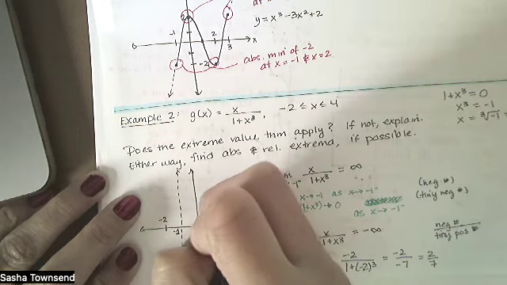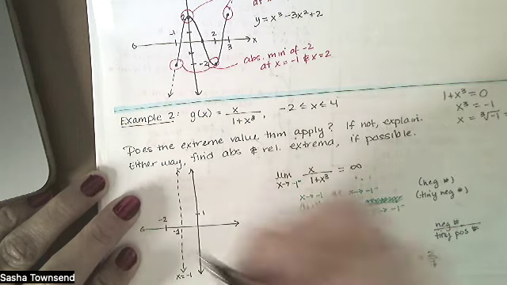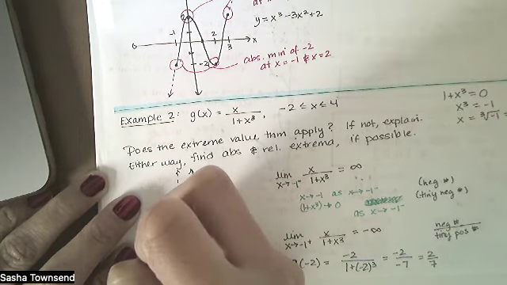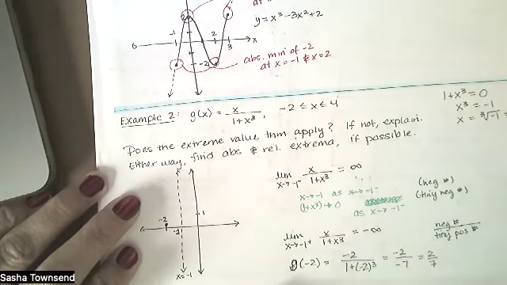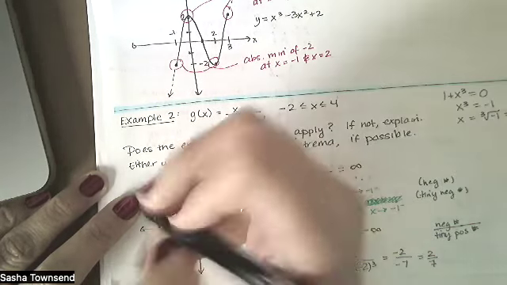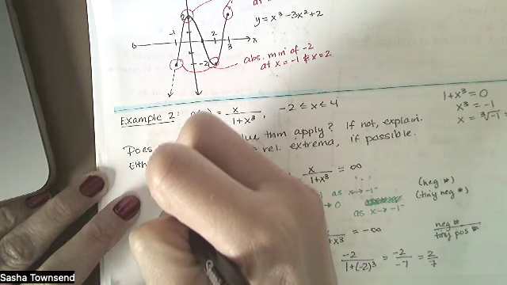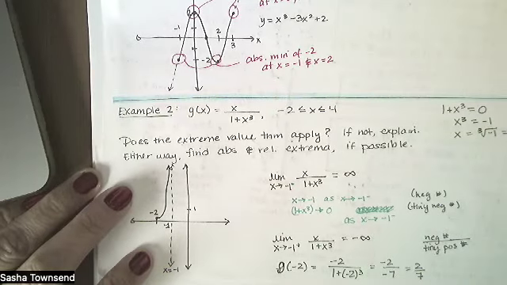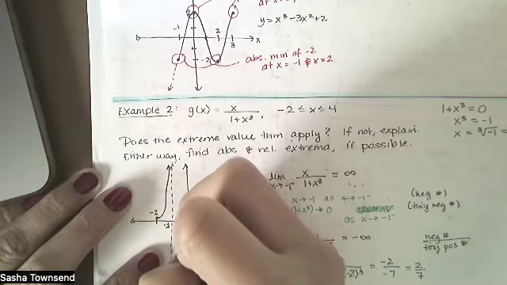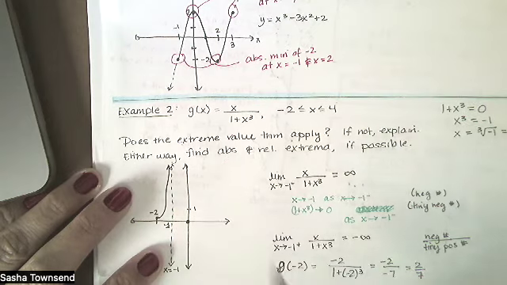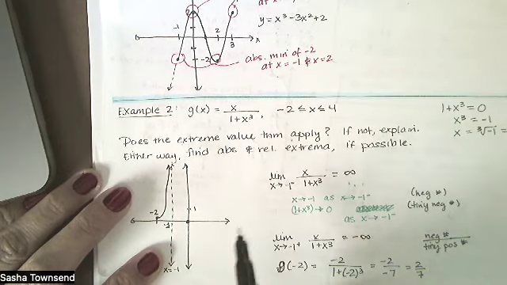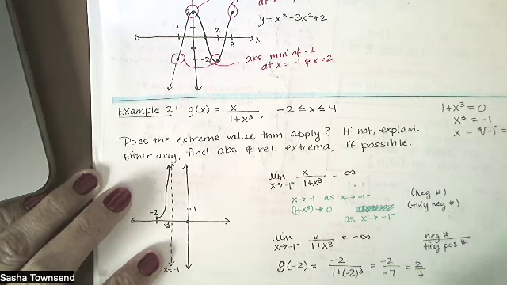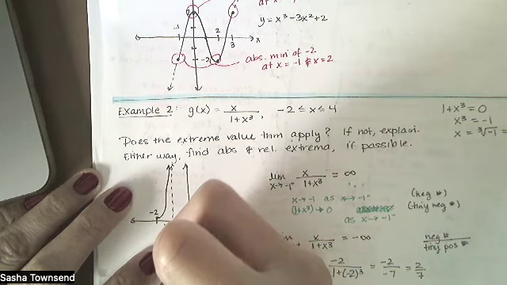Whatever that number is, it's going to be relatively small. And we know that the function approaches positive infinity as we approach -1 from the left. So it's going to look like this, approximately. And then at 0, we know the function value is 0, as we have 0 divided by 1. And as we approach -1 from the right, the function goes to negative infinity.